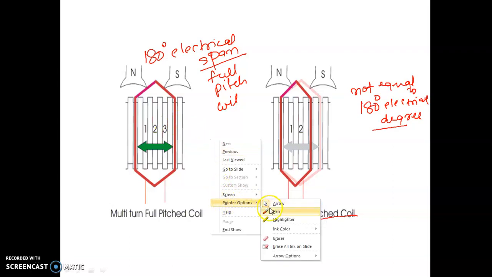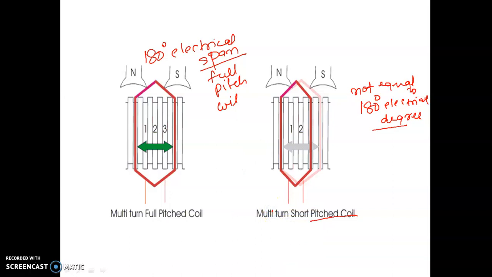I'm writing, in this case you see here the angle is 180 degree, but here the angle is reduced, it is not 180 degree. So how much is the angle reduced? Let it be 150 degree, and originally how much is it? 180 degree. And if you multiply by 100, it will give you the pitch factor, the short pitch or chording of the coil.